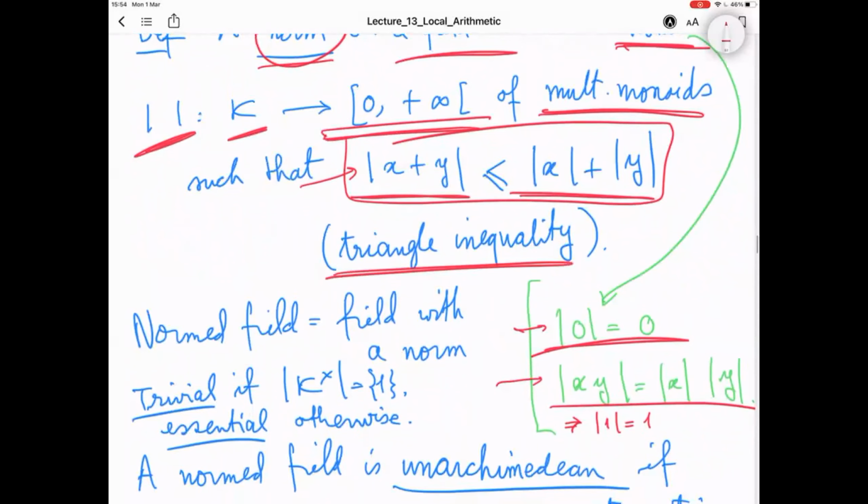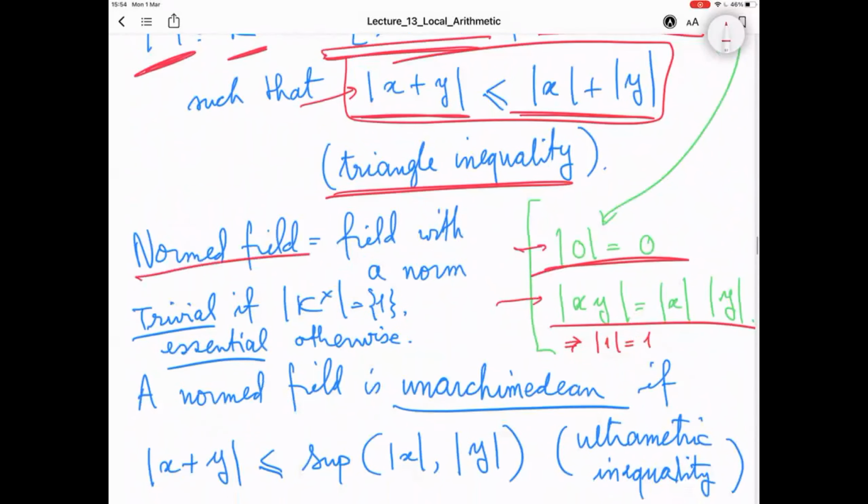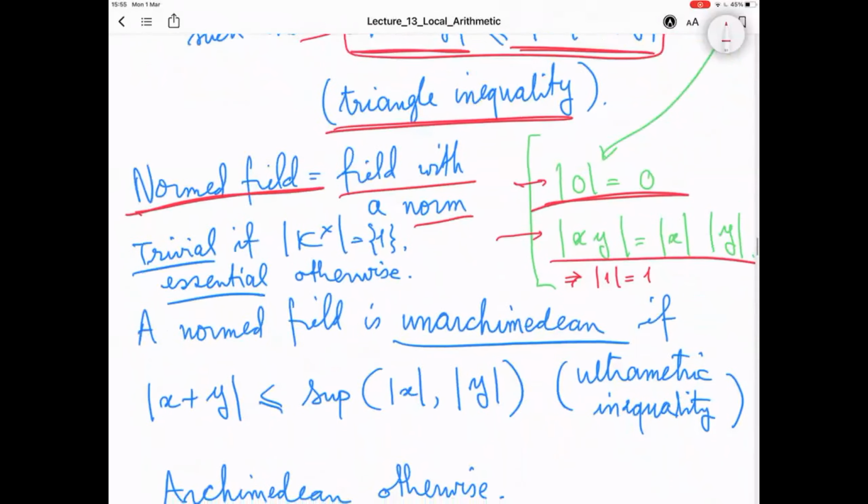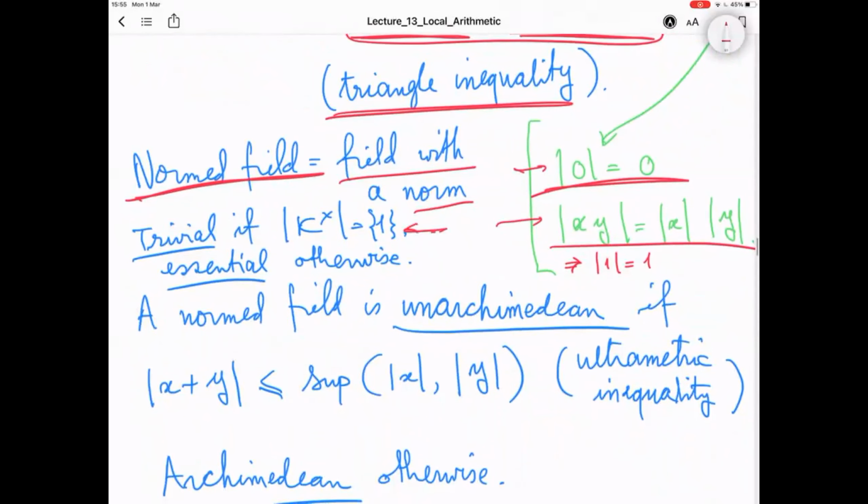That's, of course, the triangle inequality. So a normed field is just a field with a norm, just as a valued field is a field with a valuation. And of course, the trivial norm is the one in which everything has norm 1 except 0, which has norm 0.